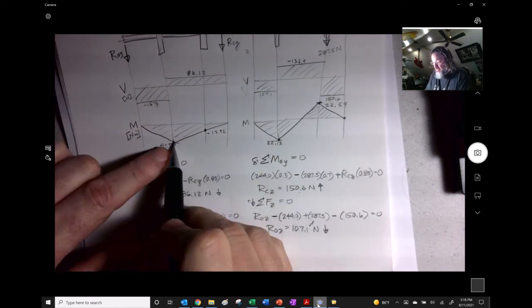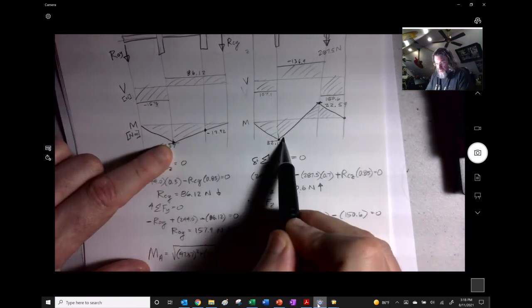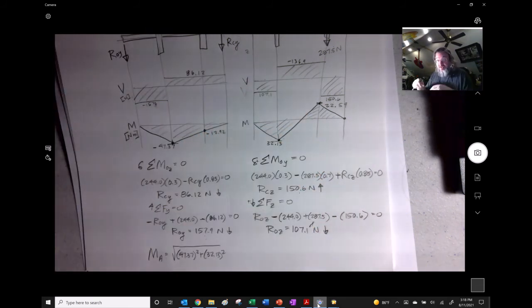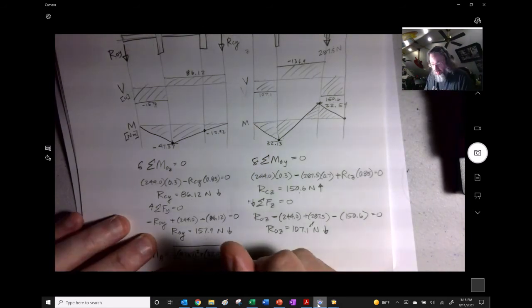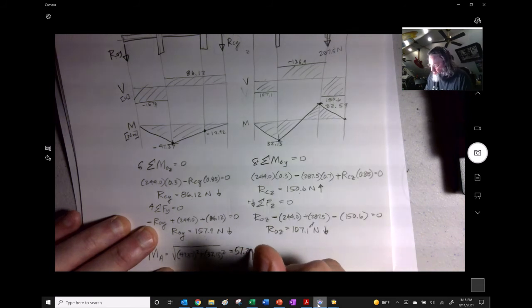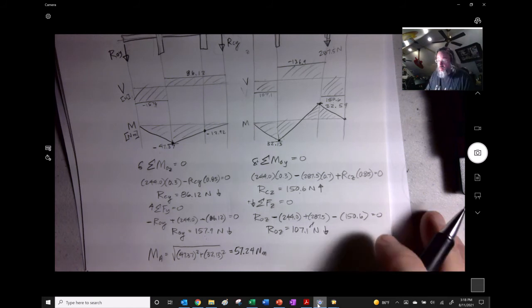Remember, this is point A and this is point A. They're just two separate planes that are perpendicular to each other. So some diagonal thing is going to go on. That's going to be the location of this largest magnitude of moment, 57.24 Newton meters. All right, that's in one of the two planes.